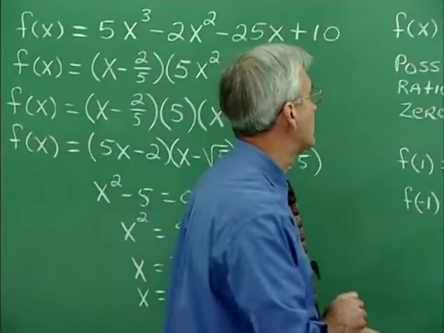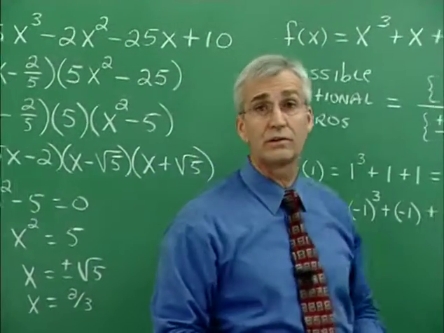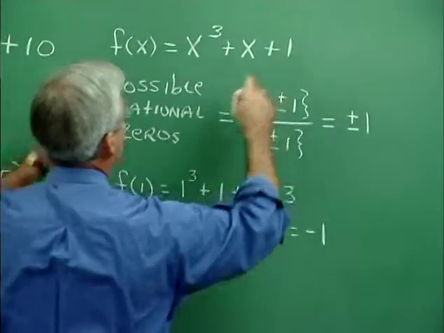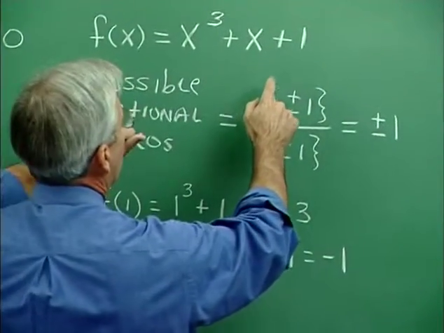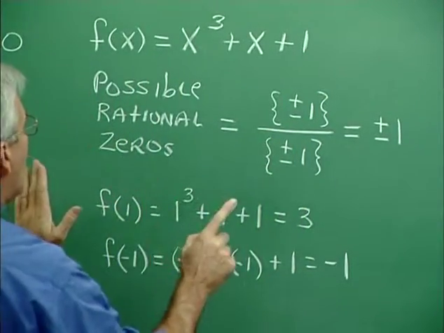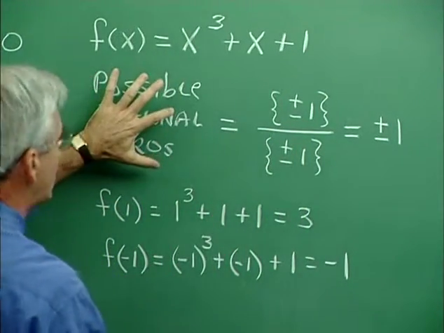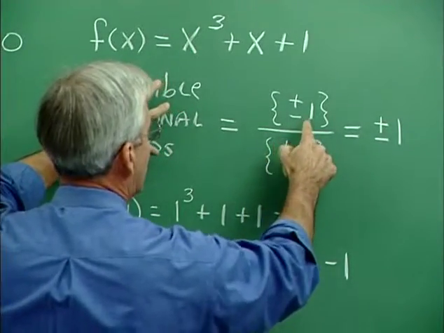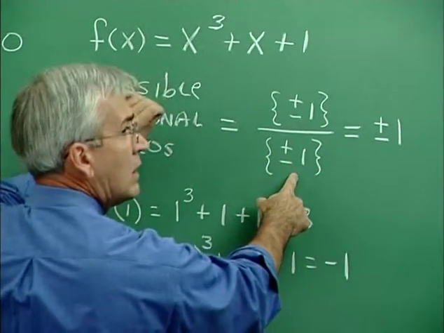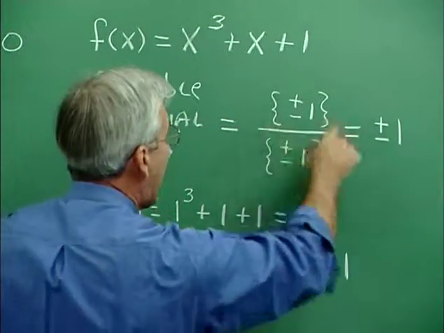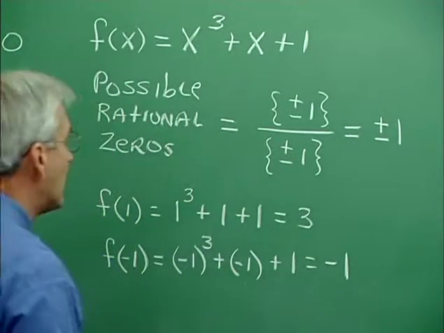Here's another situation where the rational zero test might come in handy. Suppose we begin with this function, and looking at the constant and the leading coefficient, they're both 1. So the possible rational zeros, that list is pretty limited because we have plus or minus 1 over plus or minus 1. So all of the possible fractions that can be made out of this would be plus or minus 1.